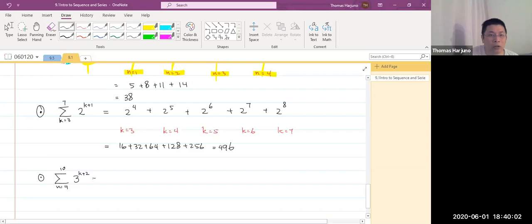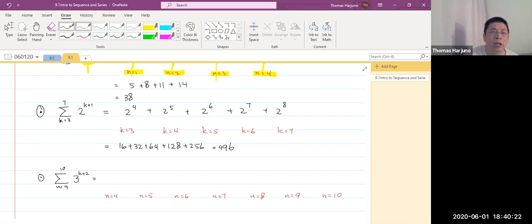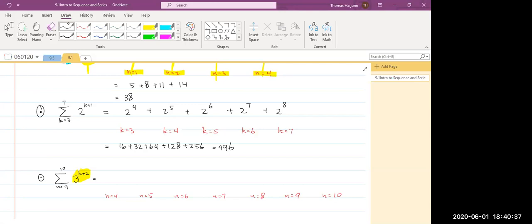So I need to add when n equals 4, n equals 5, n equals 6, n equals 7, n equals 8, n equals 9, n equals 10. Is that right? Now, when n equals 4, what will this be? 3 to the 6. No.